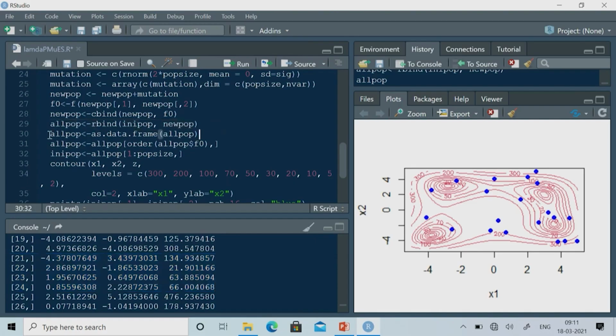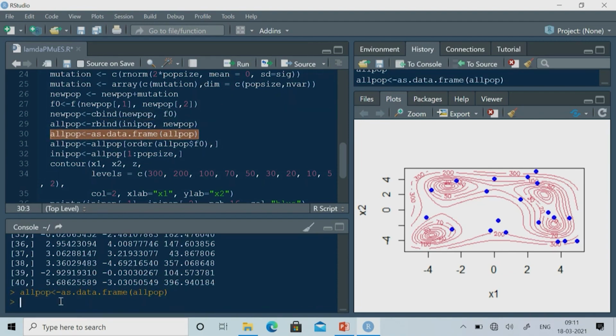Then I have defined it as a data frame because I have to order them, in order to use the order function. So, I can write as.data.frame(allpop). If I execute this one, I am getting allpop as a data frame.